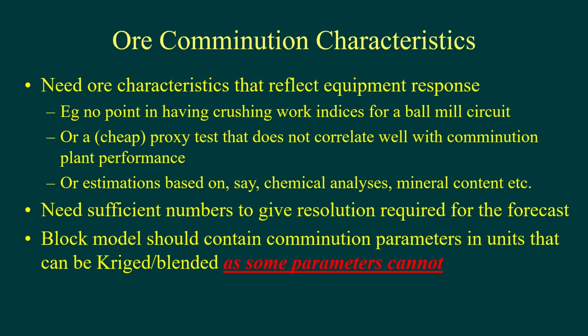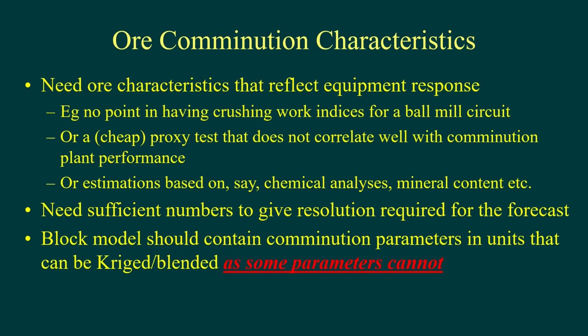So you may well find initially a very good proxy for ore type A. As you develop your pit and a new ore type B, for example, comes along, that proxy test does not correlate in the same way. And if you don't know that, and we're going to look at an example later on, then your forecast can prove quite disastrously wrong.